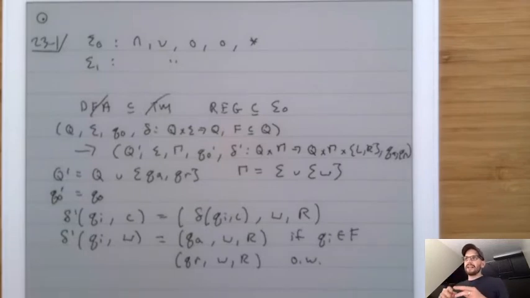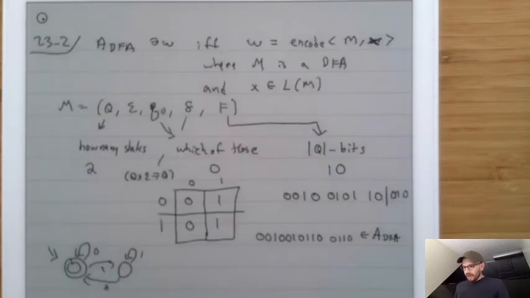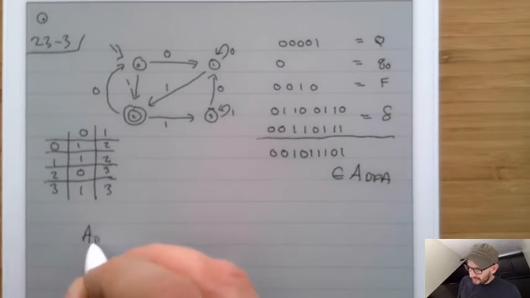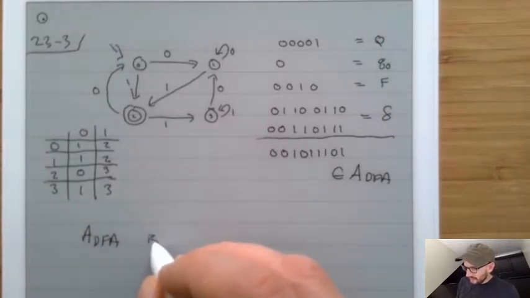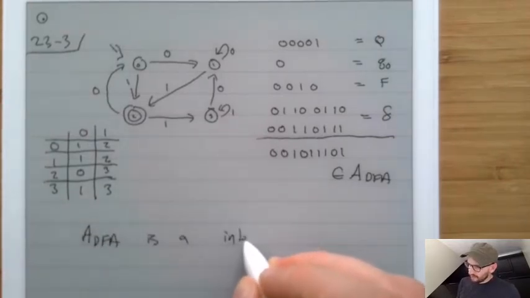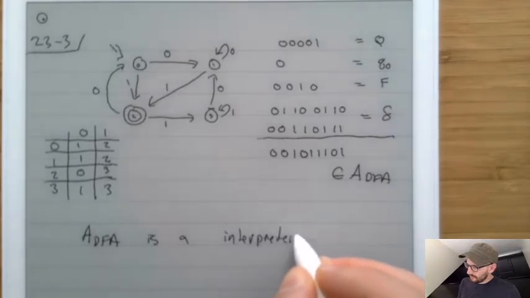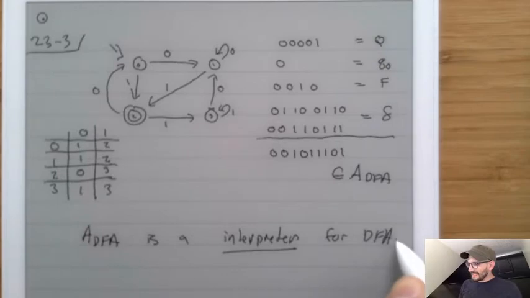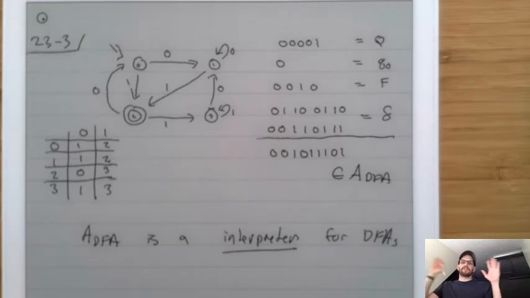It's like a compiler that takes as input DFAs and returns Turing machines. In contrast, A_DFA is an interpreter for DFAs. It is a single Turing machine program that includes as part of it all the behavior of every single DFA. Could we make that?